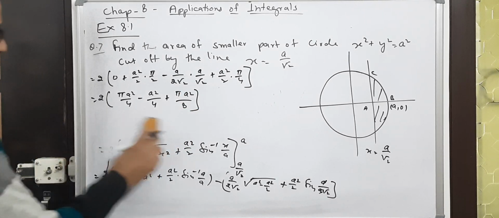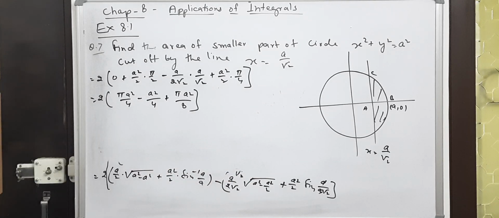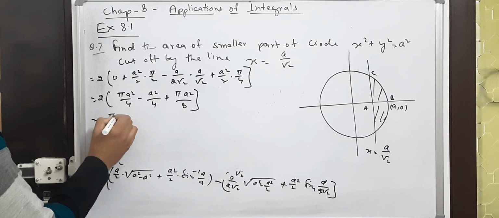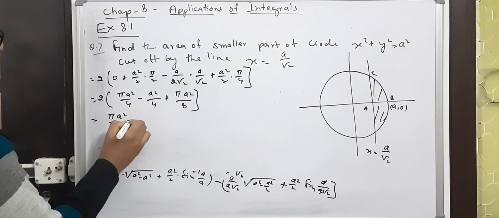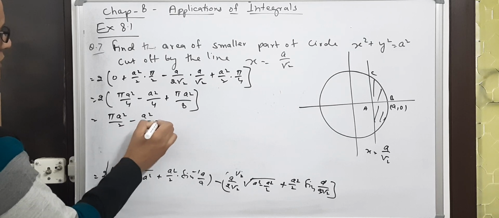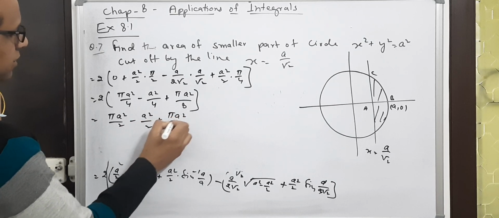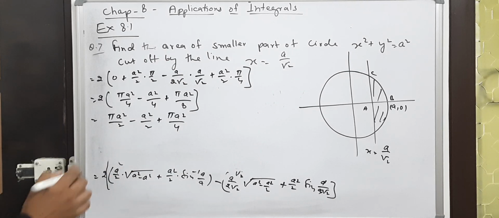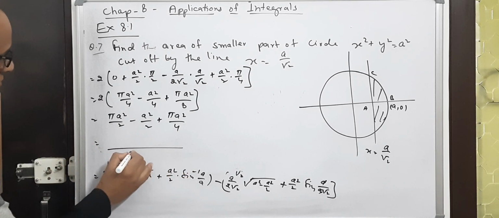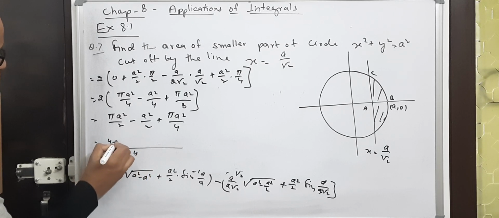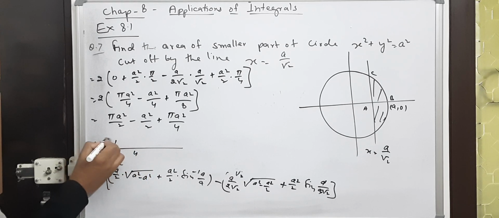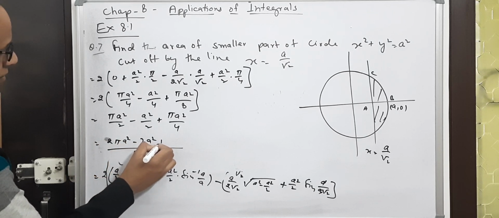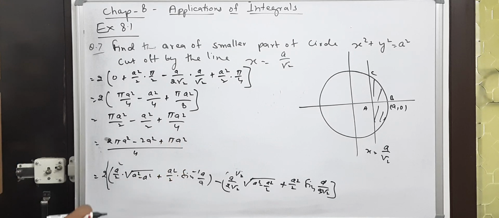Now the next step is you can multiply pi a square by 2, a square by 2 and pi a square by 4. And if you want at this step, even you can take the LCM also. So it is 4. So 2 pi a square minus 2a square plus pi a square.